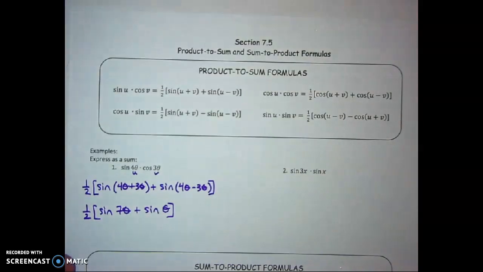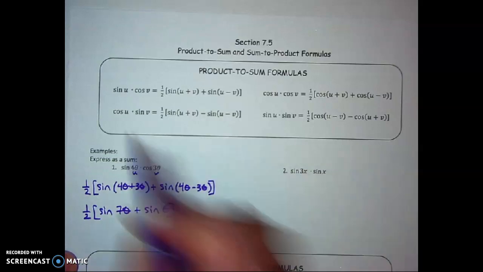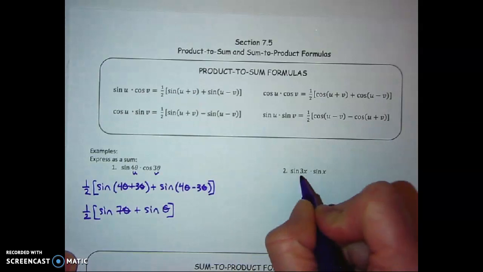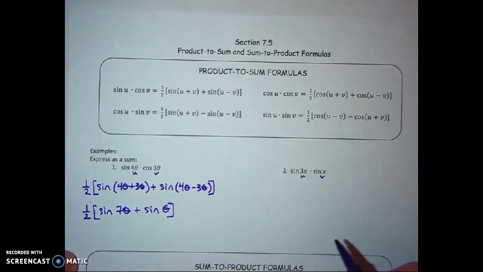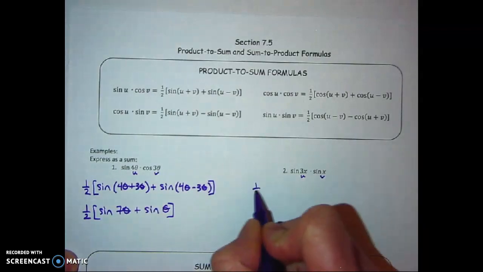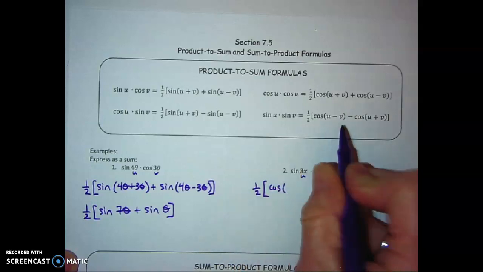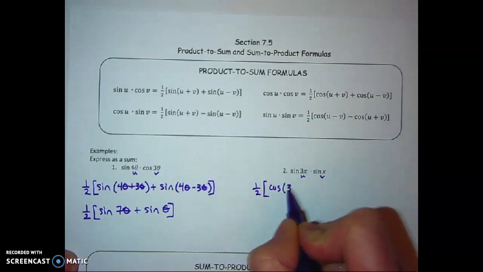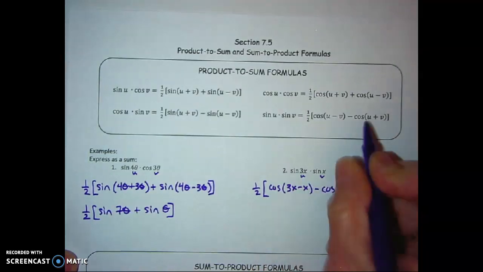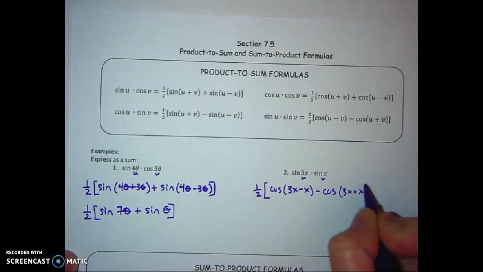The second example, again, I'm just looking for the structure. So I have a sine times a sine. When I look up here, I'm going to use this fourth one. And again, to make life easy on myself, I'm just going to put a little u and a little v. And now I'm just going to use this formula. So again, 1/2, but now I have the cosine of u minus v, so 3x minus x, minus the cosine of u plus v, so 3x plus x.